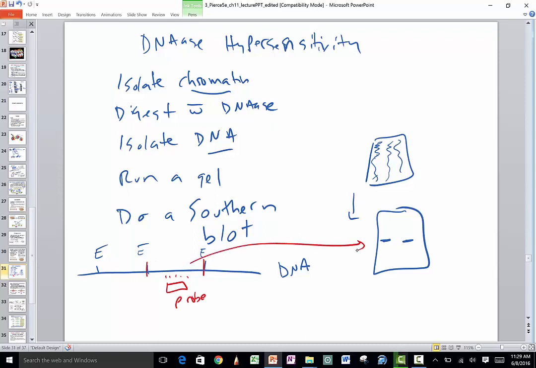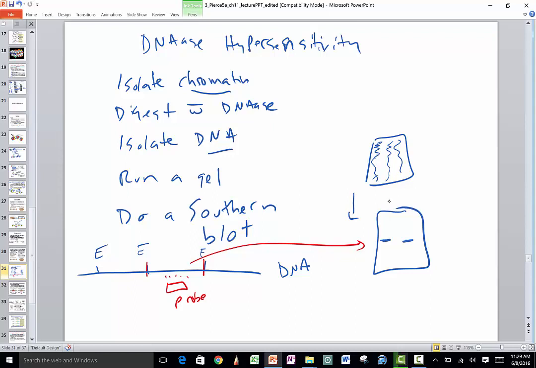So don't get too hung up on the southern blot. Just know that the purpose of a southern blot is to detect a specific sequence of DNA. And so when we do this experiment, if that DNA is still present, it'll show up on the southern blot. But if it's gone, it won't show up.